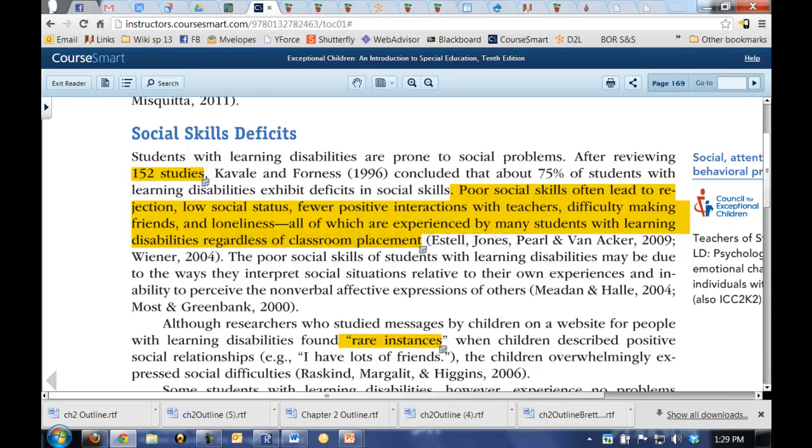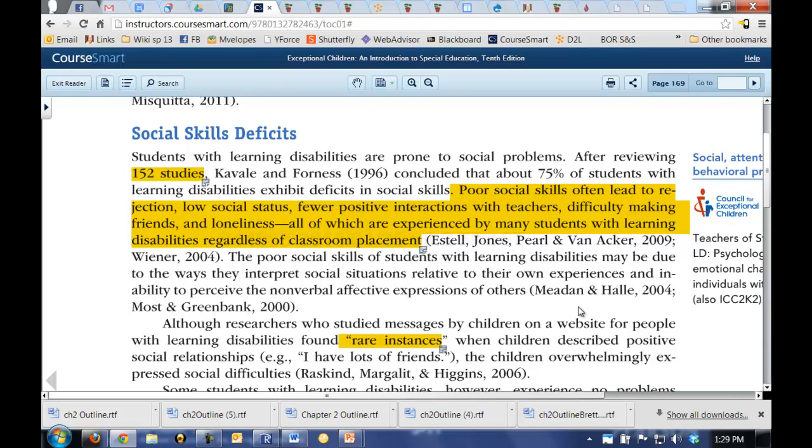When we say study, we go through and look at the school records. That's how you do a study on this. You'd have to follow up from 1996 to know how they did it. But after they did 152 studies, and each study maybe, I don't know how many students' files to look at, they found that 75% of students with learning disabilities have these deficits.